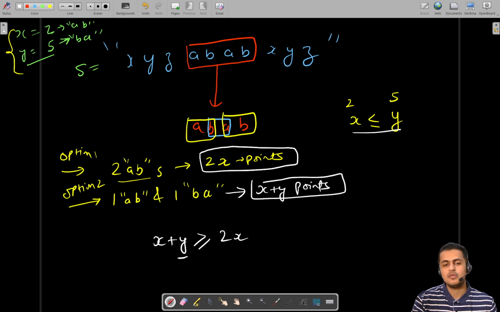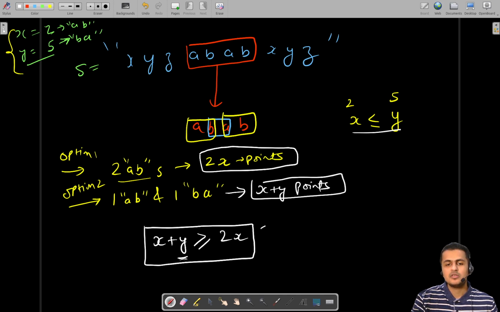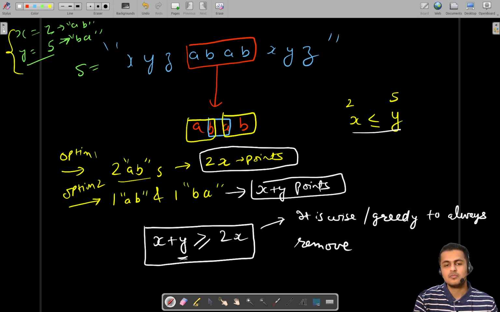So you came to know that it is wise, or you can say greedy, to always remove the higher points giving substring first.